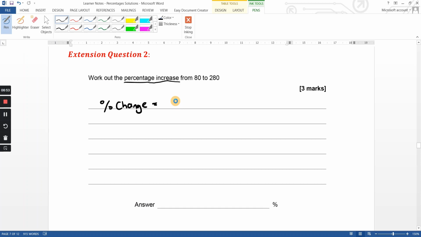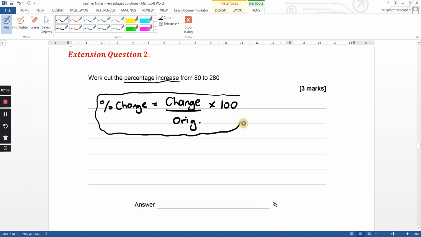So percentage change is change over the original, and you want that as a percentage, so you'll have to times that by 100. Okay, so this is the formula we're going to use. Let me just highlight that.